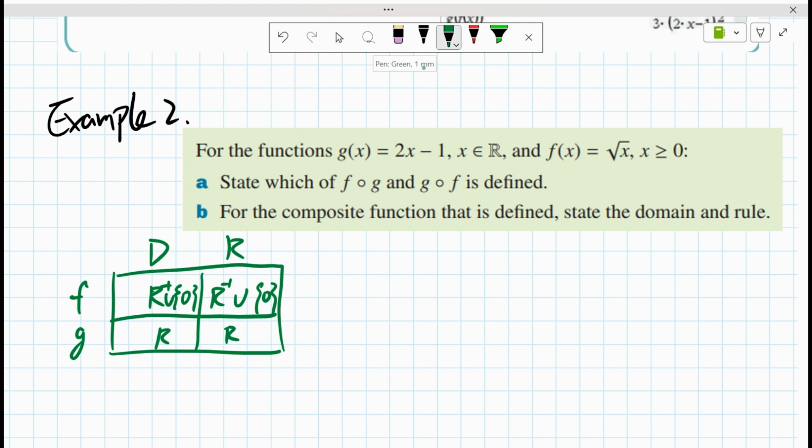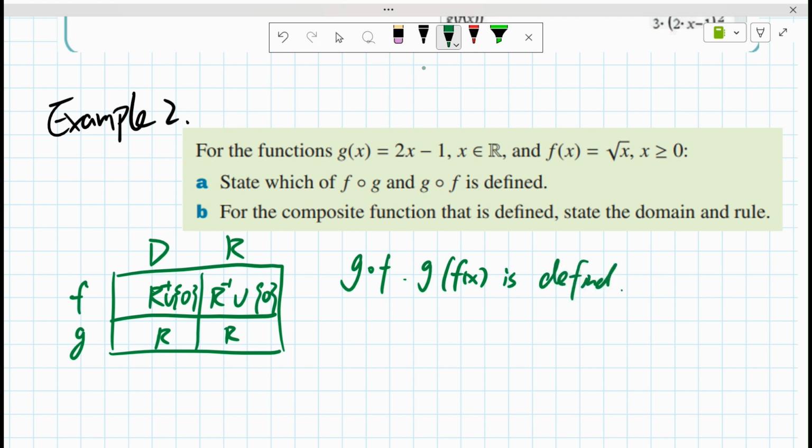But the only question they want to ask to answer is whether the composite function is defined, and to state the domain and range. So we do f followed by g, g(f(x)).